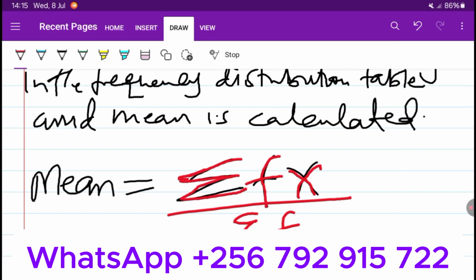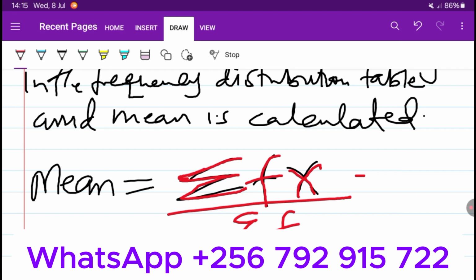Now, the summation f you are seeing here at the bottom as the denominator represents the total number of observations, and the summation fx here as the numerator on top represents the frequencies multiplied by the individual values, then we sum them up.